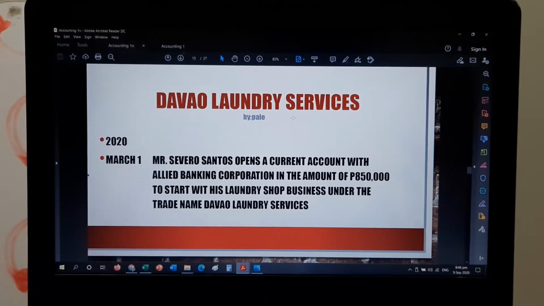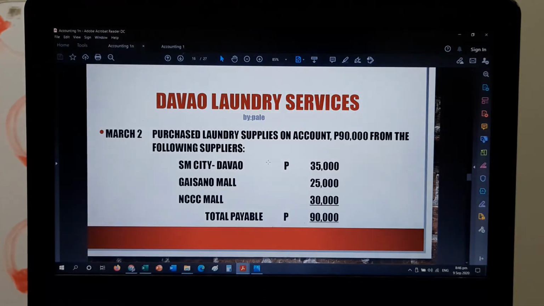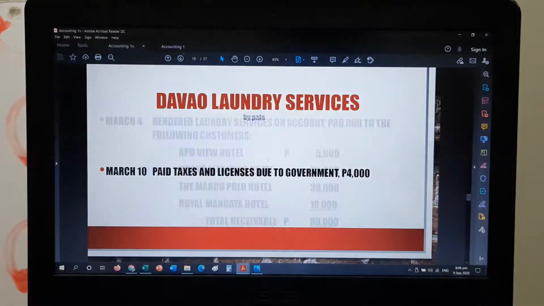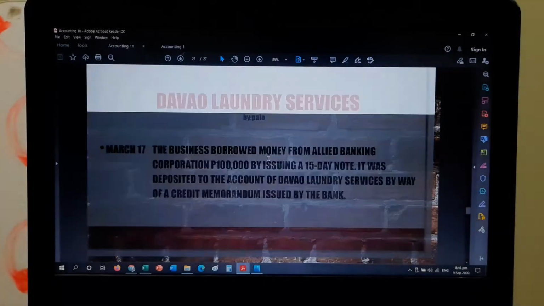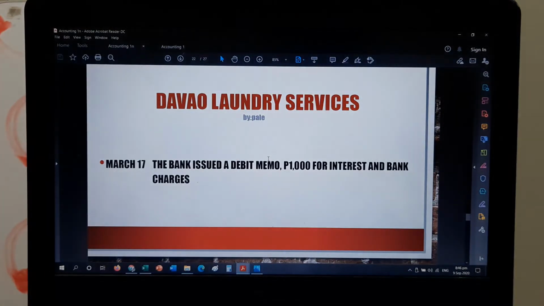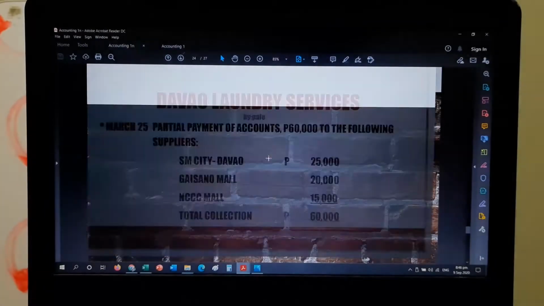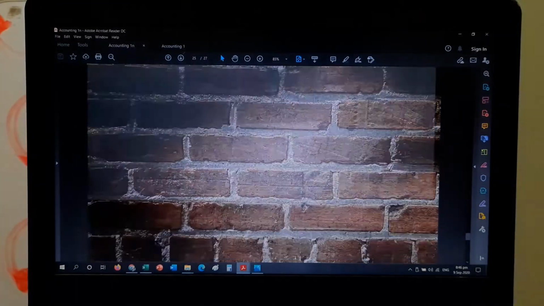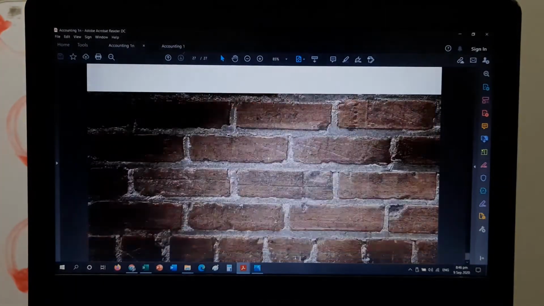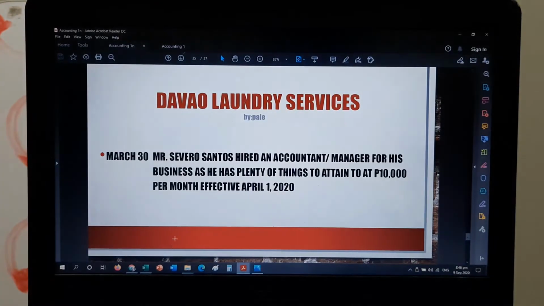If there is no chart of accounts, meaning it is the first time that you have started the business and you were assigned to make the chart of accounts, what you would do is simply scan the problems. What are the possible account titles that you will use until the last transaction? If you are already familiar with the account titles, you could simply make the chart of accounts. But in my case, I have already made the chart of accounts.